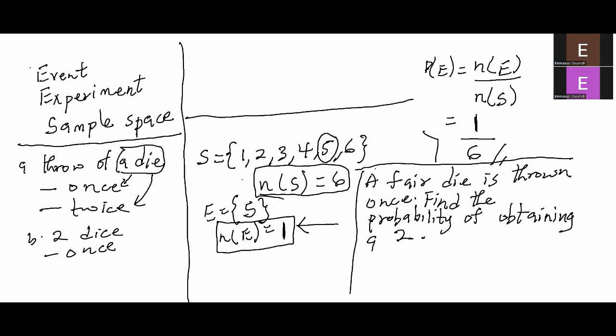Try it for me. A fair die is thrown once. Find the probability of obtaining a 2. So you can pause the video and try the question for me.